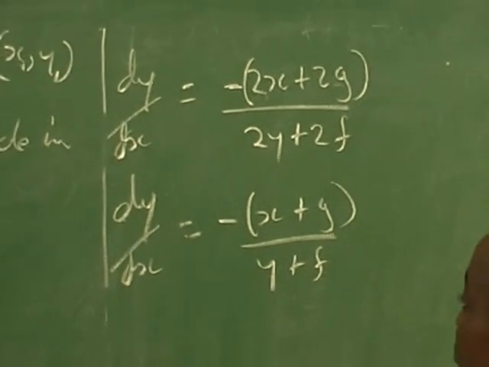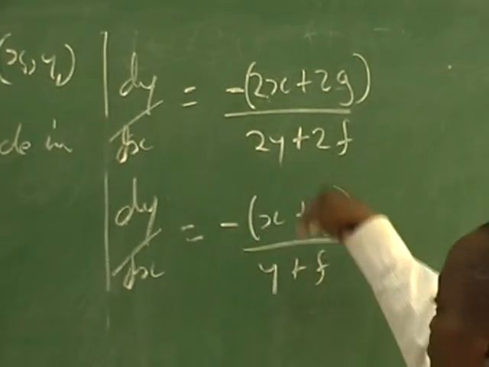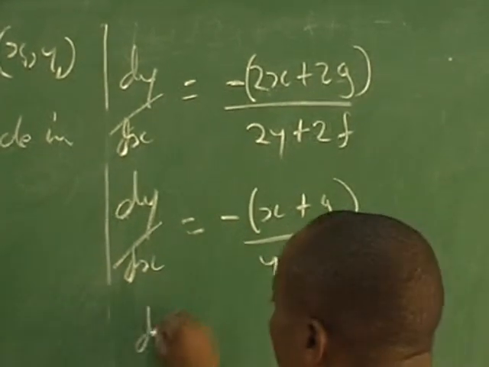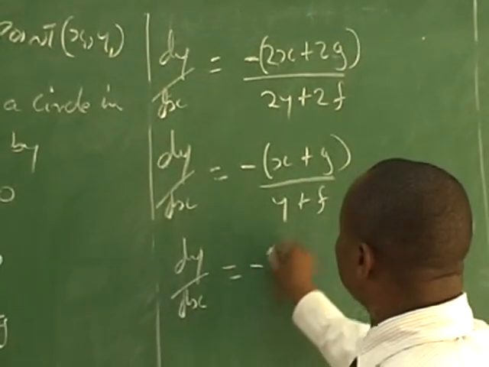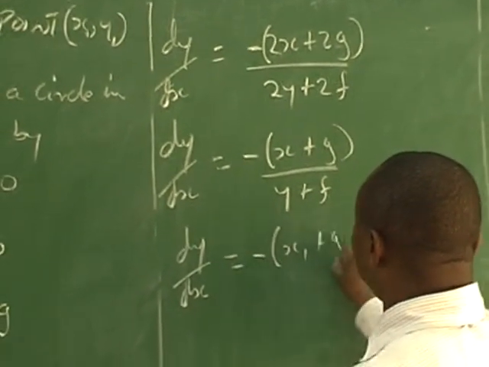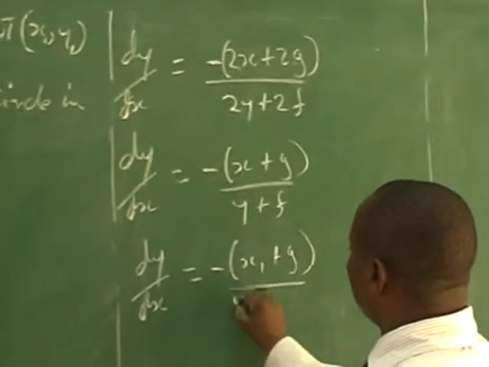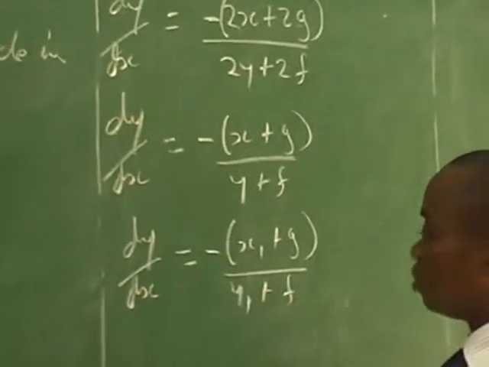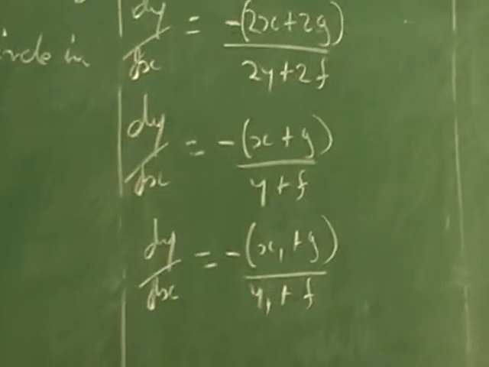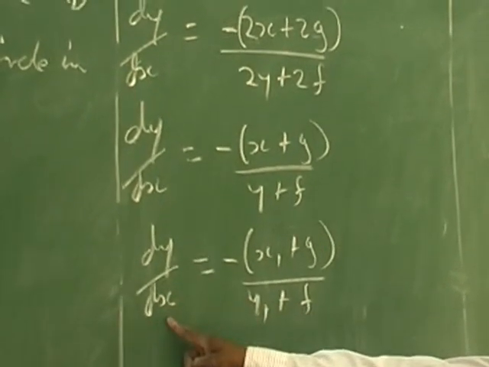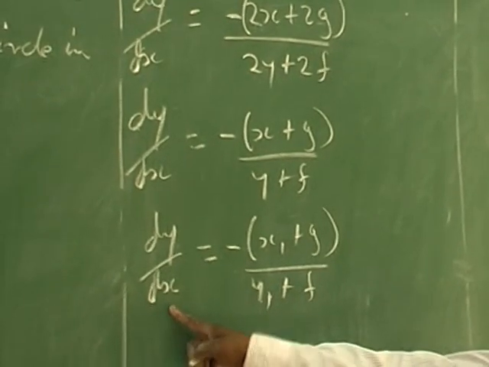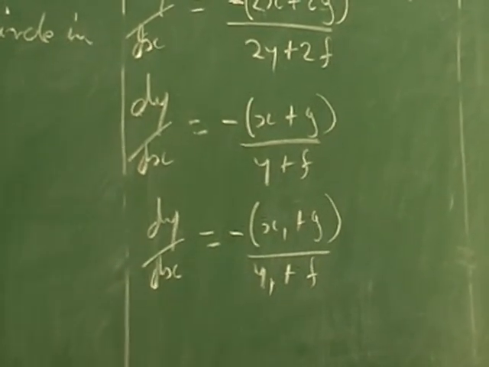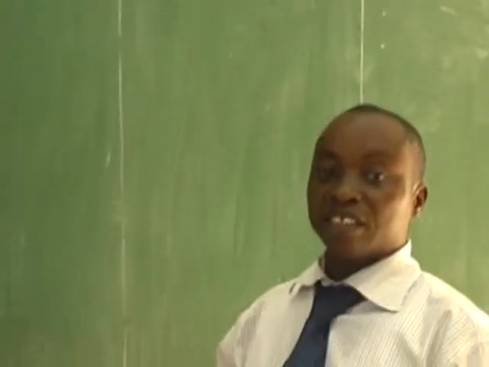Now, at the point x1, y1, we will have that dy/dx is equal to minus (x1 plus g) all over (y1 plus f). But we should not forget that dy/dx also means the slope or gradient. Also, when we differentiate the function, we are differentiating to get the slope.